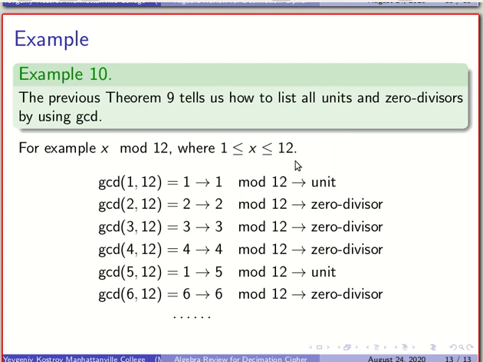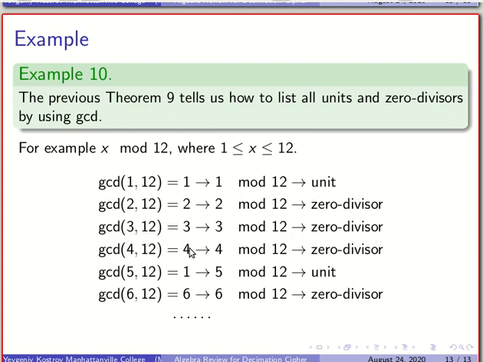So we just calculate the GCD of 1 and 12, and the GCD of 1 and 12 is 1, so that means it's a unit. The GCD of 2 and 12 is 2, so it's a zero divisor. The greatest common divisor of 3 and 12 is 3, so it's a zero divisor.